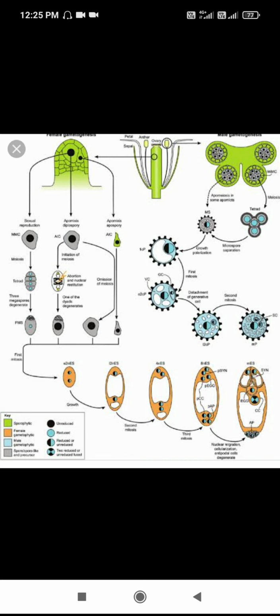One of the nuclei again divides and forms three nuclei.